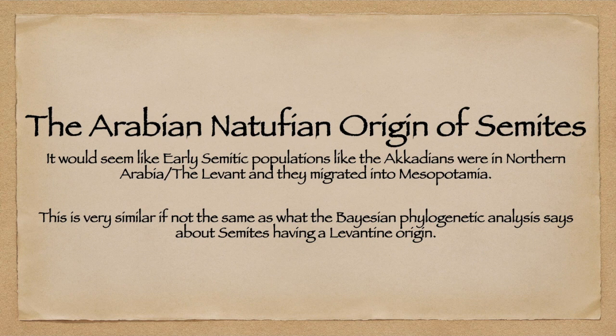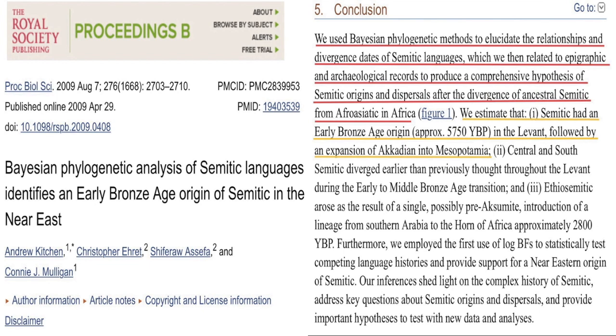So it would seem like early Semitic populations, like the Akkadians, were in northern Arabia and the Levant, and then moved into Mesopotamia, much like that video that I showed you. And this is very similar, if not the same, as what the Bayesian phylogenetic analysis says about the Semites having a Levant origin. I'm going to read what's in yellow.